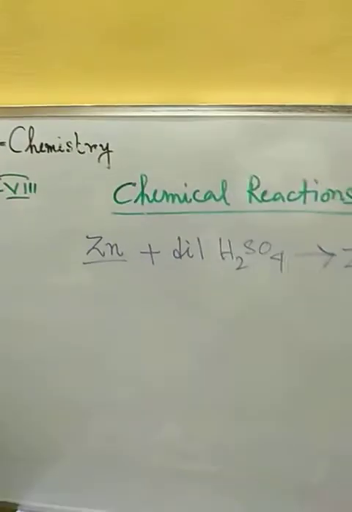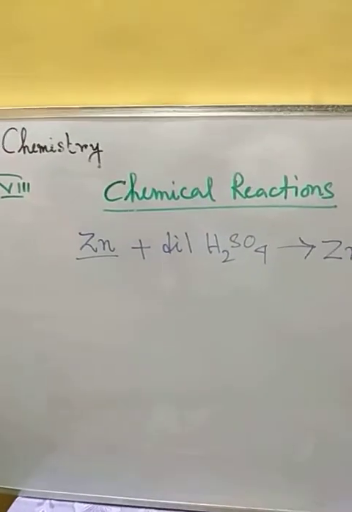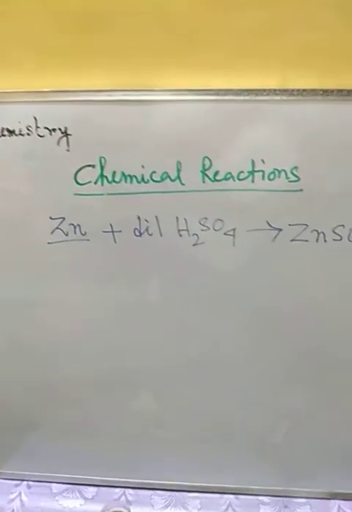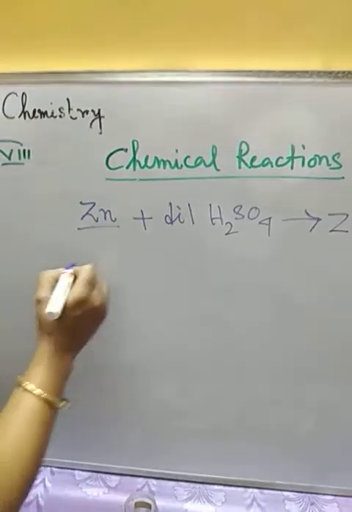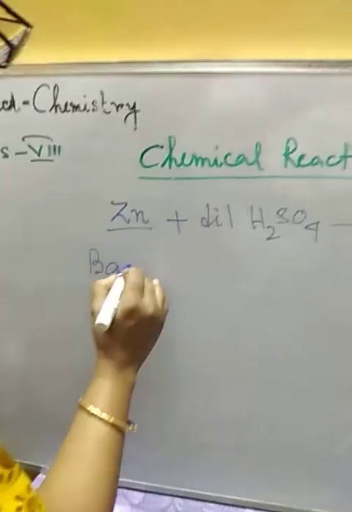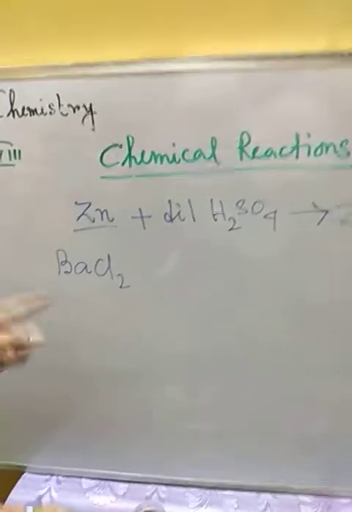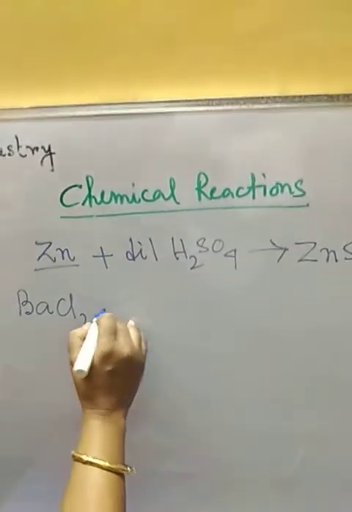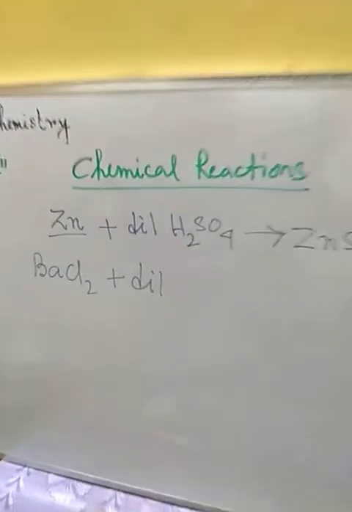Next, one more reaction we have discussed when we discussed precipitation. To show this reaction, we will take barium chloride, BaCl2, which is a solution, and here again we are going to use dilute sulfuric acid.